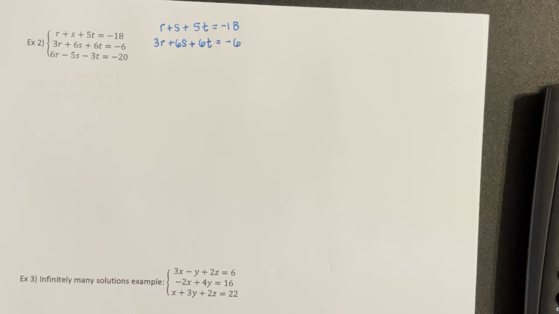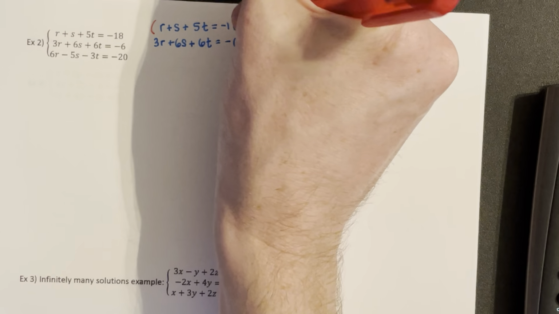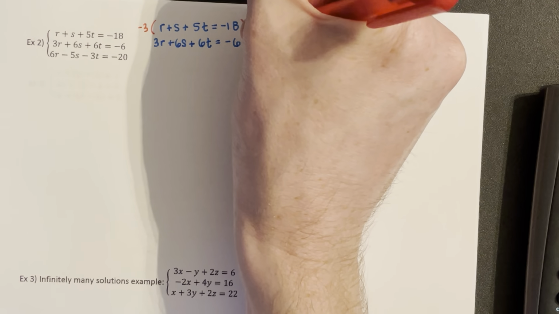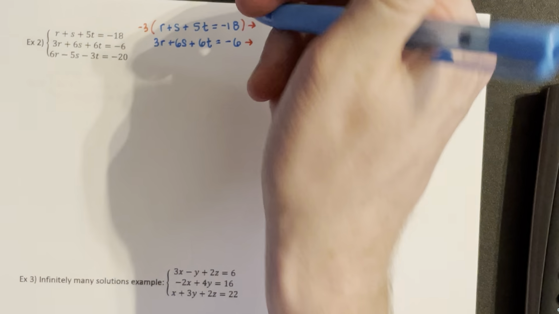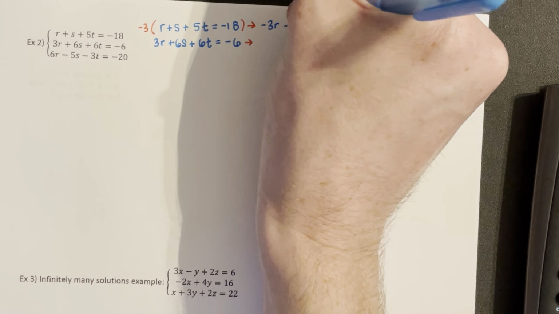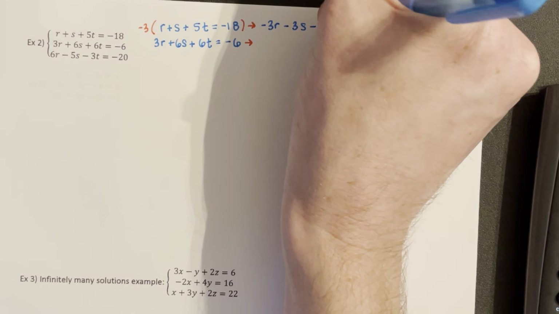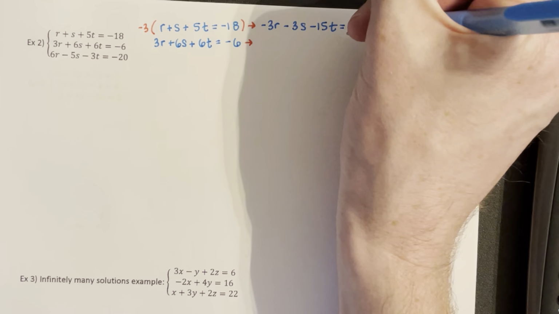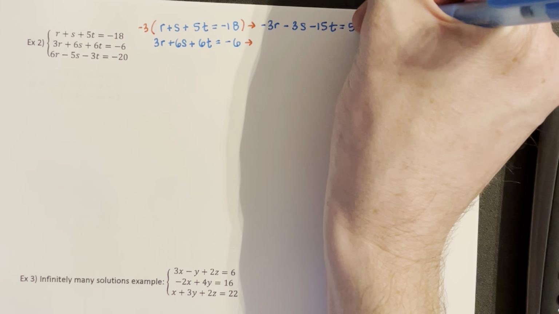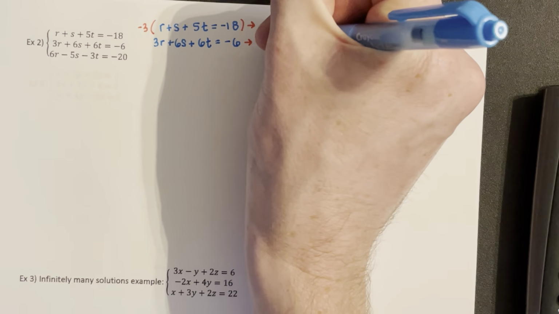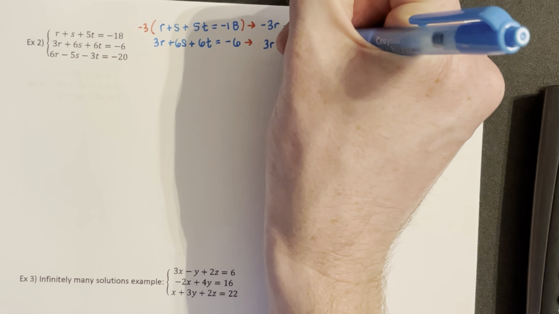So I'm going to multiply the first one by negative 3. That turns this into negative 3r minus 3s minus 15t, and then negative 18 times 3 is going to be 54. We multiply, or this bottom one we don't have to multiply at all.